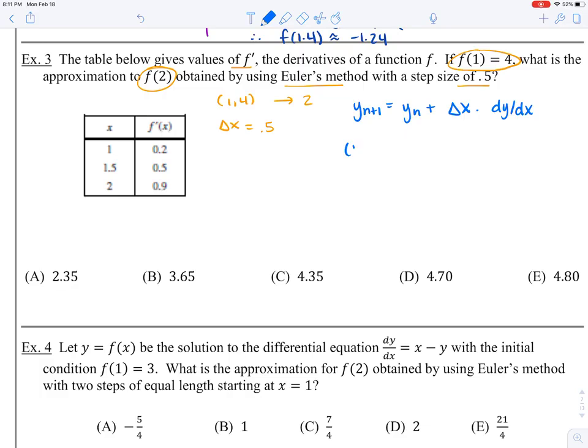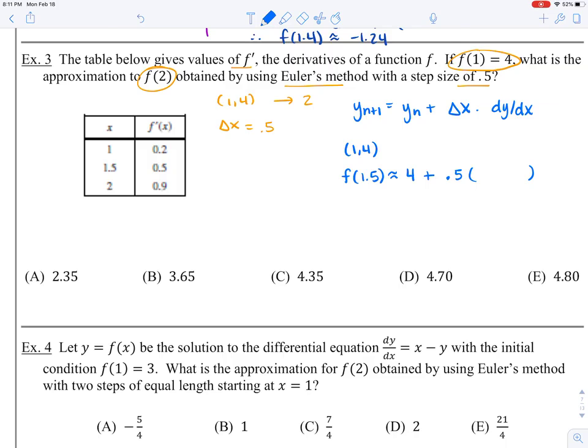My initial point, we're starting with 1.4. If I take a step 0.5 units out, I'm going to be finding f of 1.5, okay? So we're going to plug in our previous y value plus delta x times dy dx.